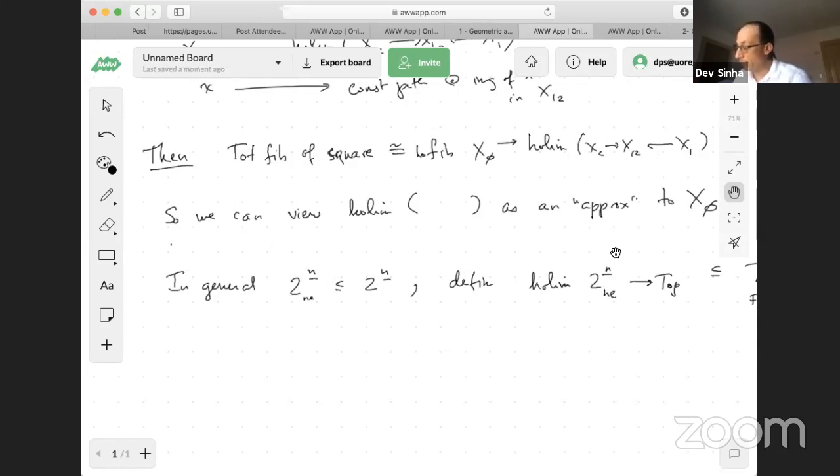So the point is that the nerve, so the key, so what is F_S? The key is that the nerve of this 2 to the n, which are non-empty, is homeomorphic to a barycentric subdivision of an n-1 simplex, sorry.